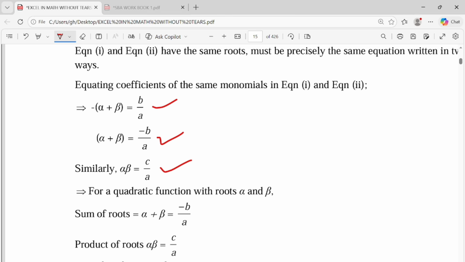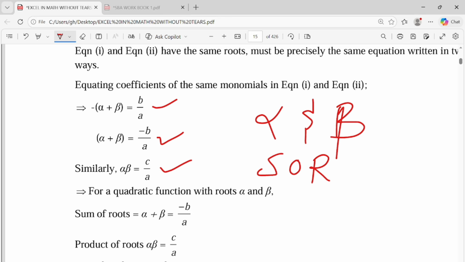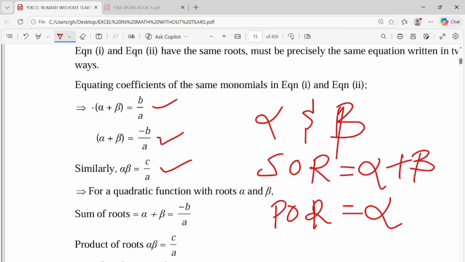So for any quadratic equation, if alpha and beta are the roots of the equation, the sum of roots is alpha plus beta, and the product of roots is alpha times beta.